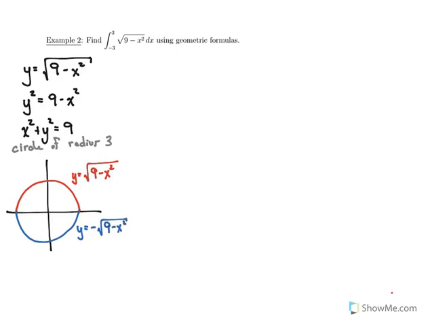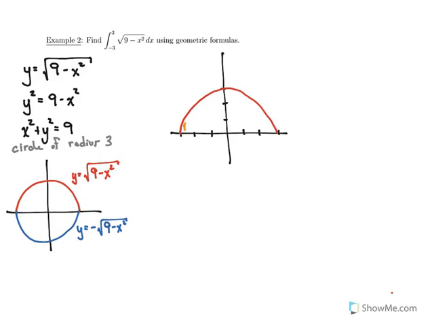So when I'm given the function square root of 9 minus x squared, what I am really dealing with is the top half of the circle of radius 3 centered at the origin.